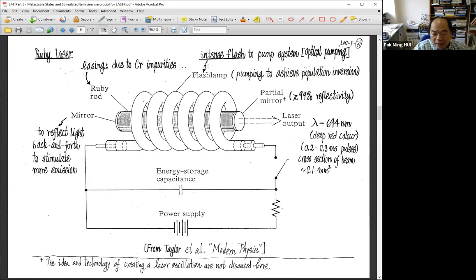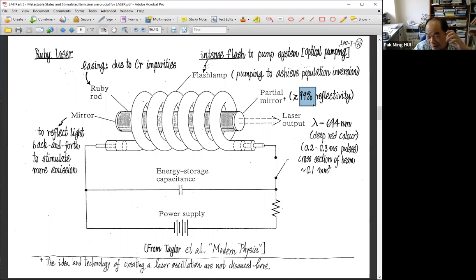The first ruby laser goes as follows. This is a solid rod, ruby, inside which there are some chromium impurities scattered throughout. The concentration is low. There are some deep traps actually. So, and then because it's a solid, it is easy to polish the two sides very well. So they work as mirrors. One end has a slightly less reflectivity.